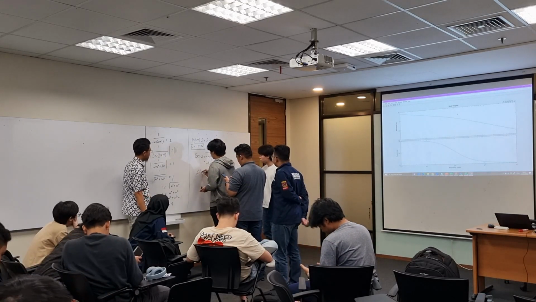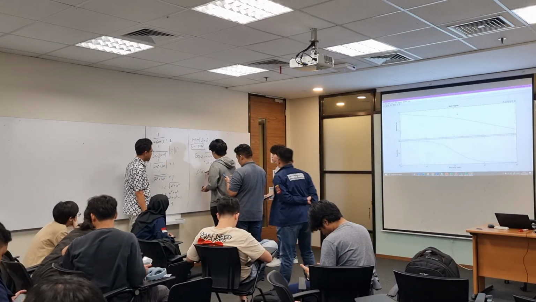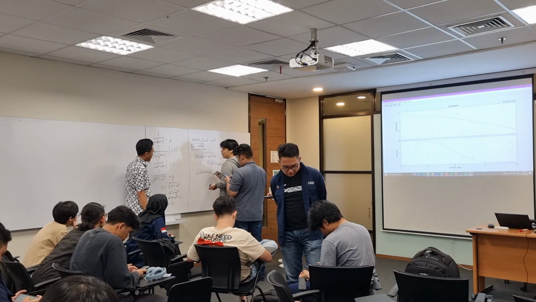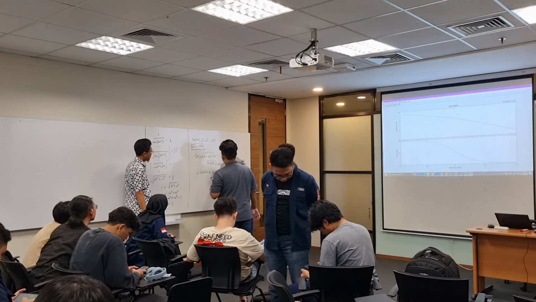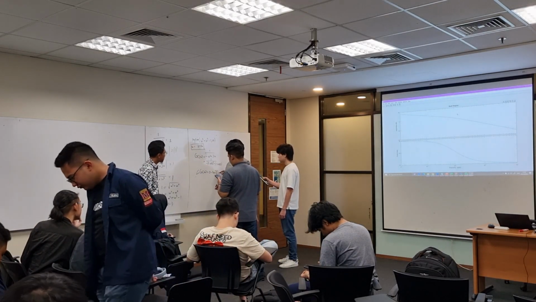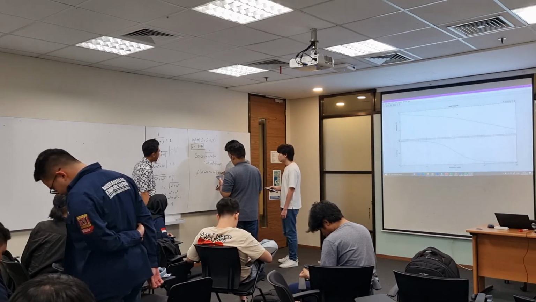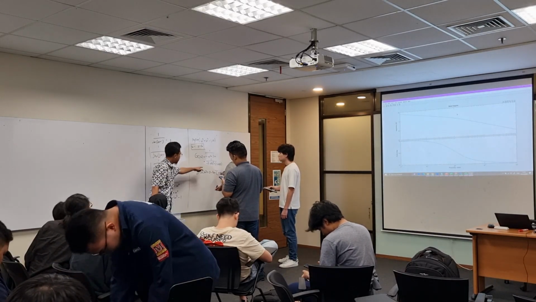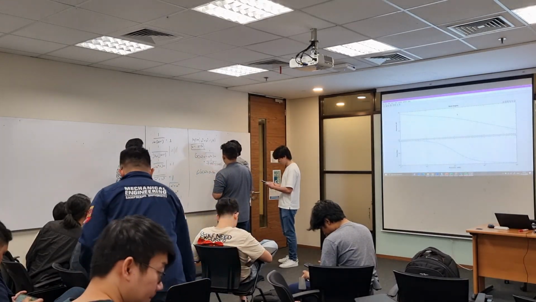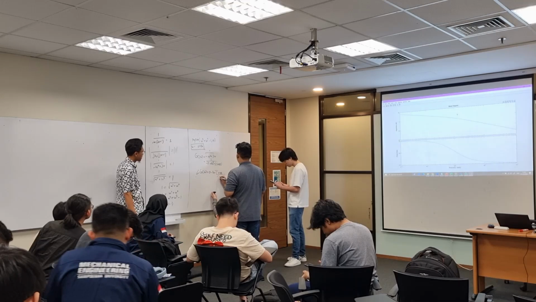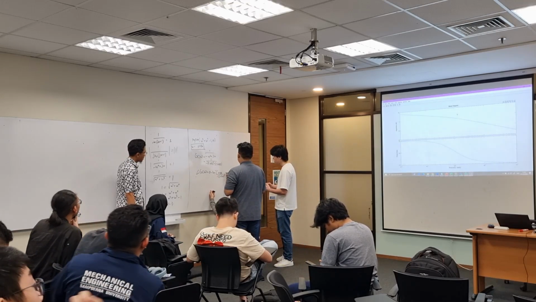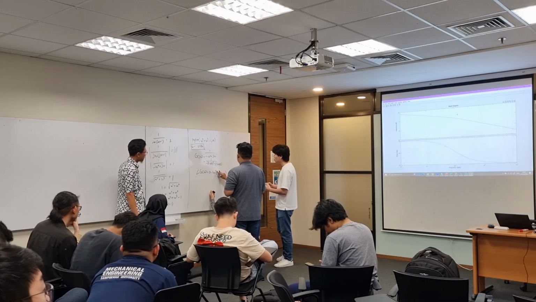For this one, I got 0 minus tan inverse of 0.786 divided by this value, but minus. This value with minus, minus of 0.786.